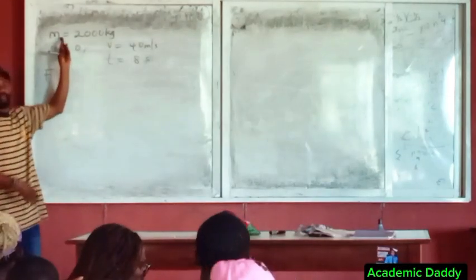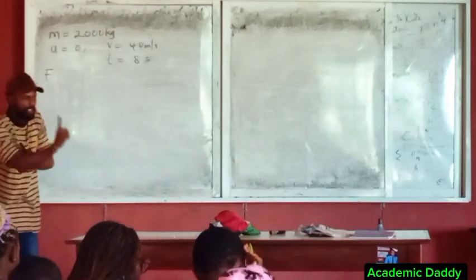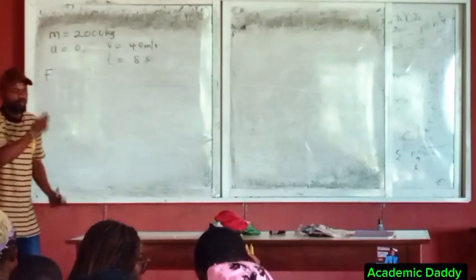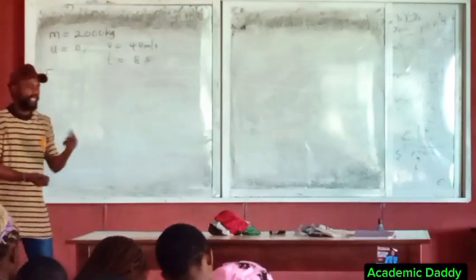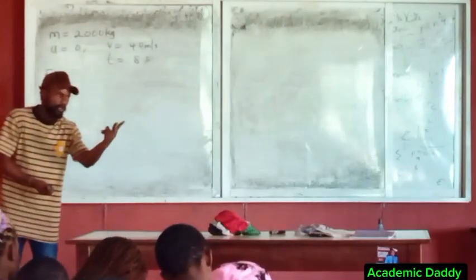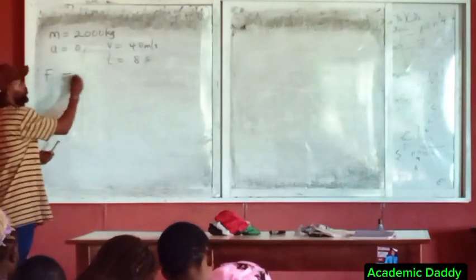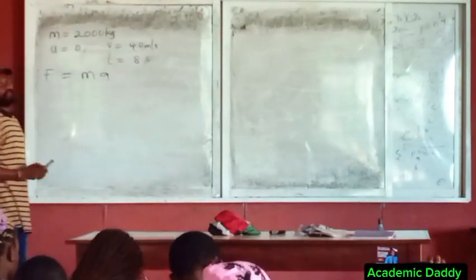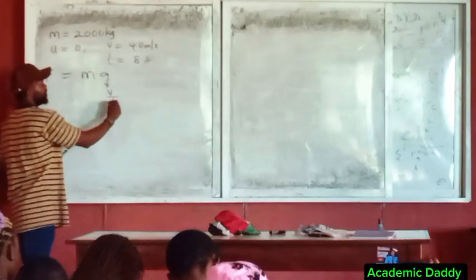Once they did not tell us about forward and backward, our F is just ma. We only use that formula when there are two bodies, or when they tell us that there is friction. If it's just one body, no friction, we just use F equals ma. Very important.